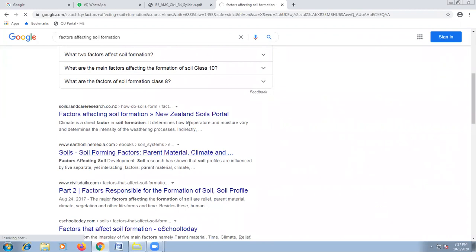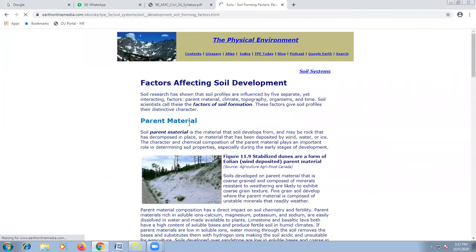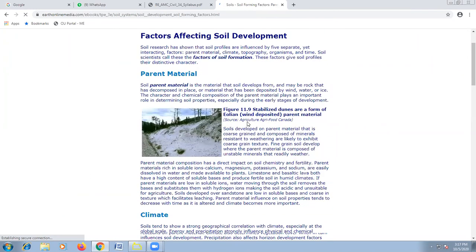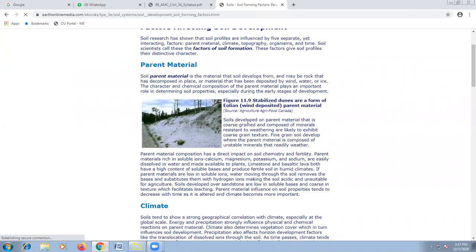Okay, the first factor is known as the parent rock material. Parent rock is the original material that is exposed at the earth's crust. This definitely affects soil formation.